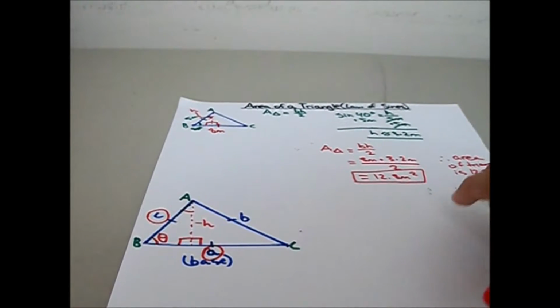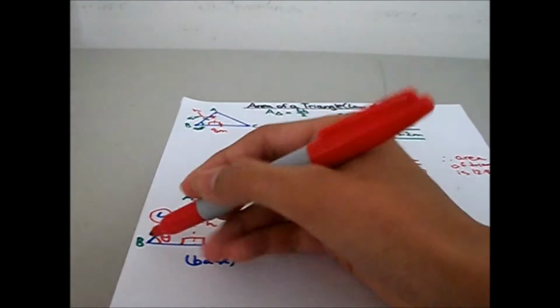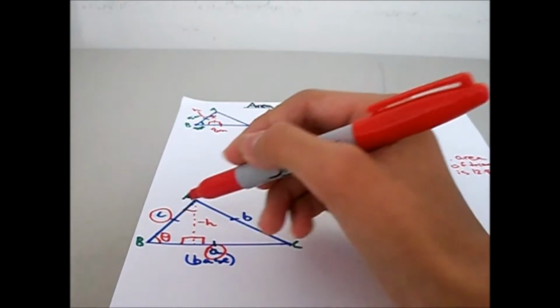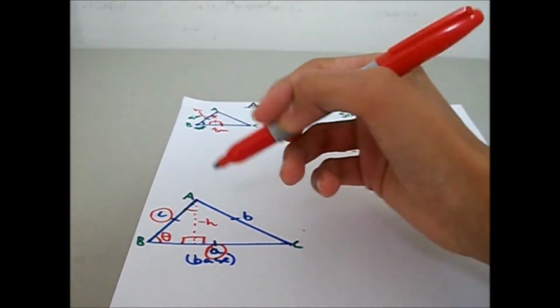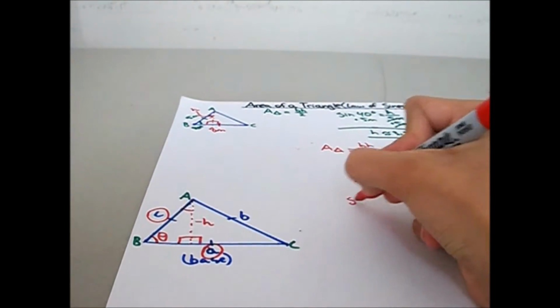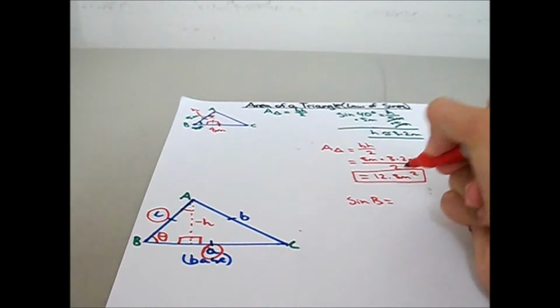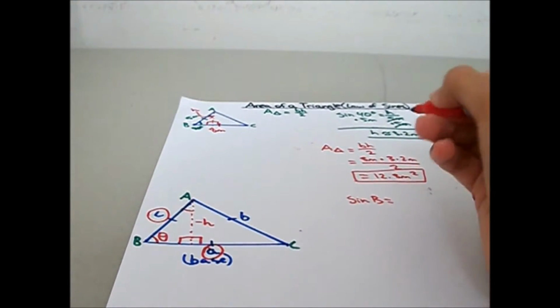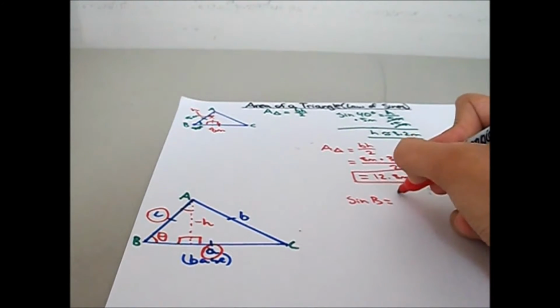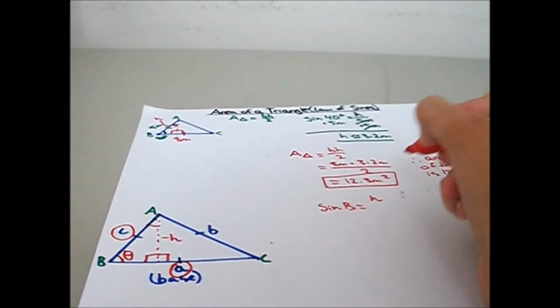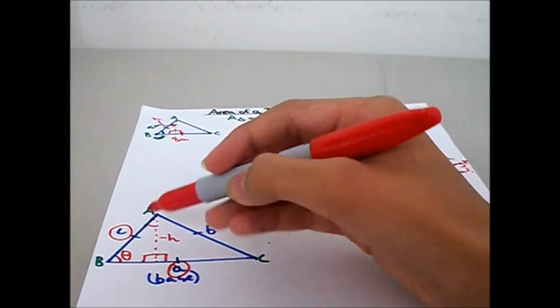So now let's make a formula out of this. The height is related to the sine of B. So we'll write the sine of B equals the opposite side, which is h, or the height, over the hypotenuse, which is c.